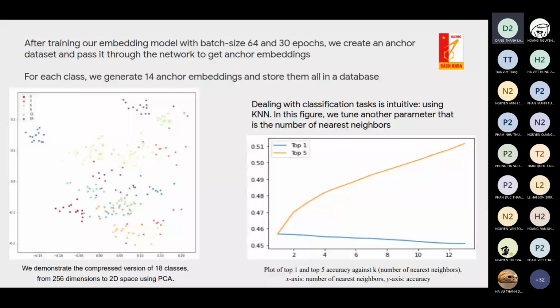When we increase the number of nearest neighbors, the top 5 accuracy increases significantly from 0.46 to 0.51, and the top 1 accuracy decreases, but not too much. So eventually we choose the number of nearest neighbors equal to 14.